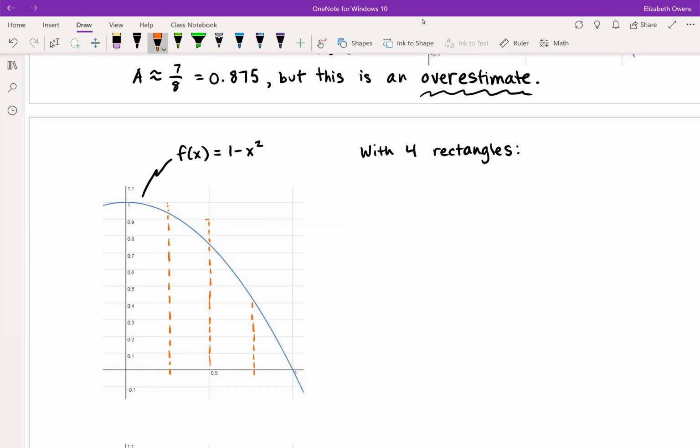So there's a rectangle, and then there's a rectangle. There's a rectangle. And here's our last rectangle. There we go. Okay, so we're going to get the area of those 4 rectangles.